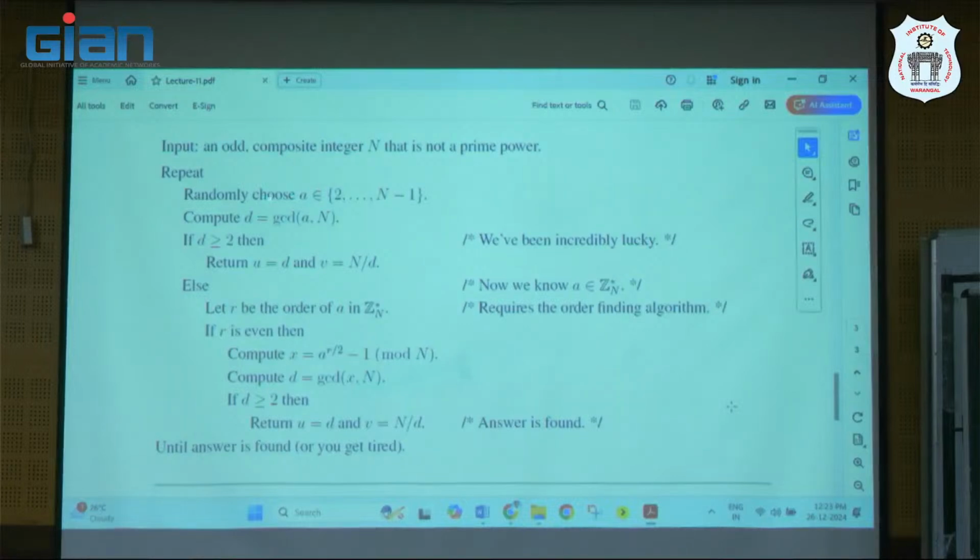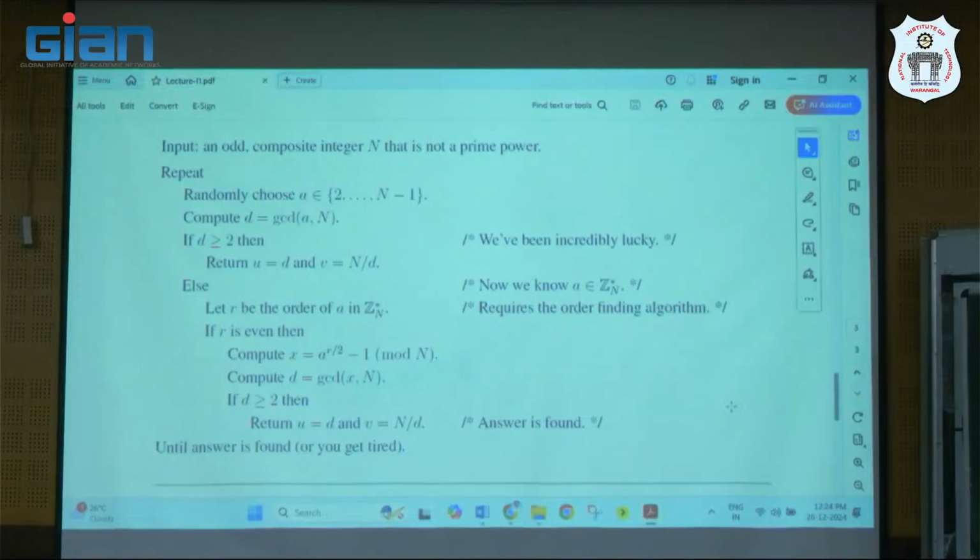Now what we are going to do, randomly choose an A from 2 to n minus 1. Remember, this is a randomized algorithm. That's okay. Anyway, it is eventually going to be a quantum algorithm. So compute D, which is the GCD of A and n.